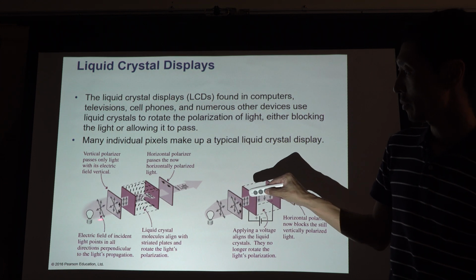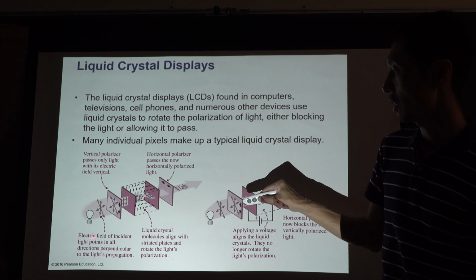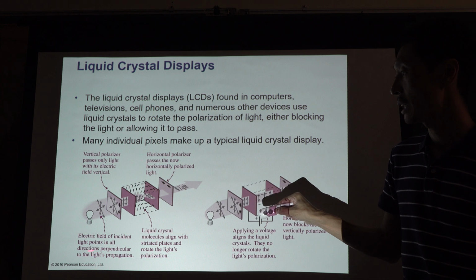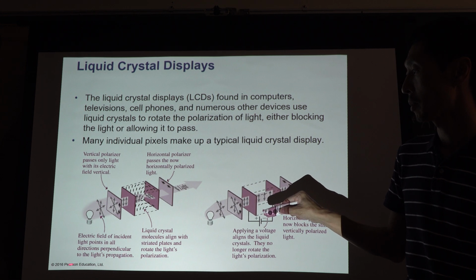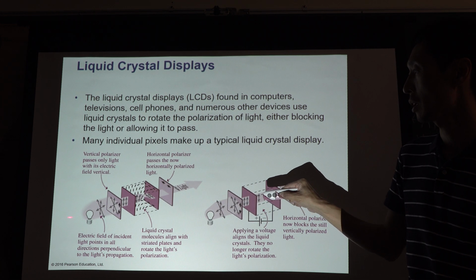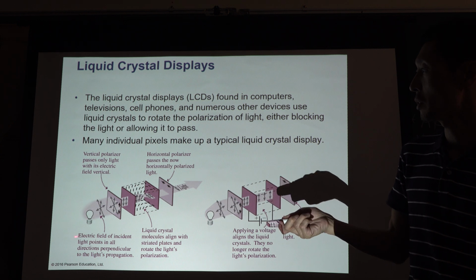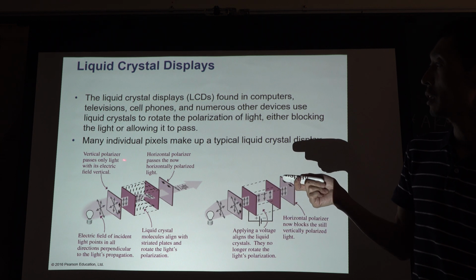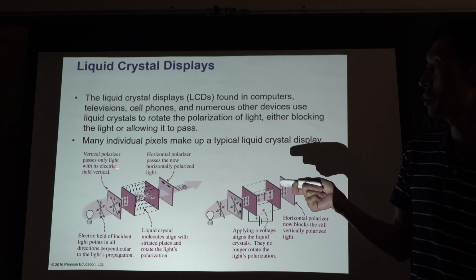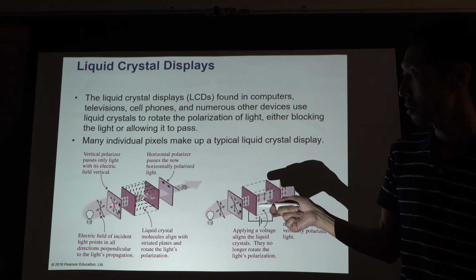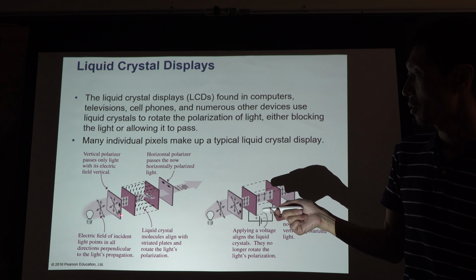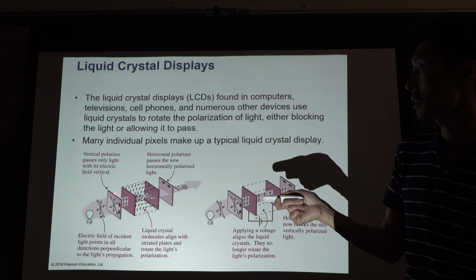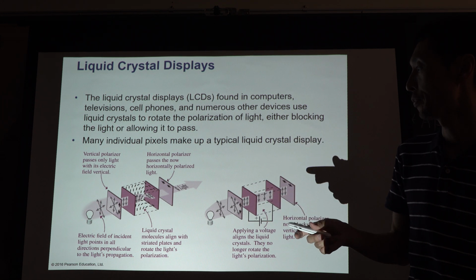So, this is white light. The electric field of incident light points in all directions perpendicular to the light's propagation. So it comes through in a random direction. But a vertical polarizer passes only light with its electric field vertical. So through this polarizer, only light polarized this way can pass through.